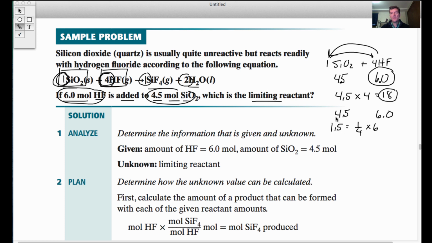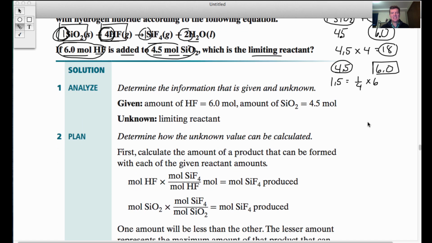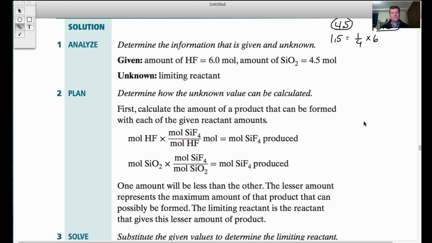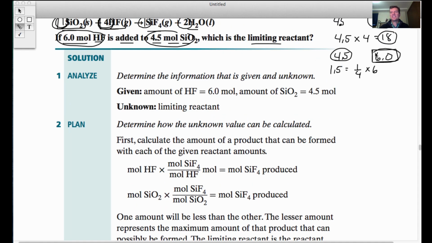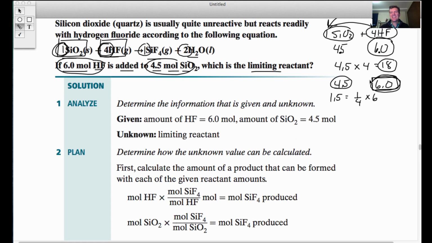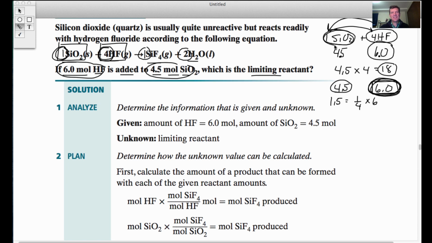Okay? Do I have at least 1.5 moles of the SiO2? Yeah, I got 4.5. I got plenty. So I got more SiO2 than I need to react with HF. This 6 moles of HF is in excess. Sorry, that is the limiting reactant. The 6 moles of HF is the limiting reagent, and the SiO2 is going to be in excess.